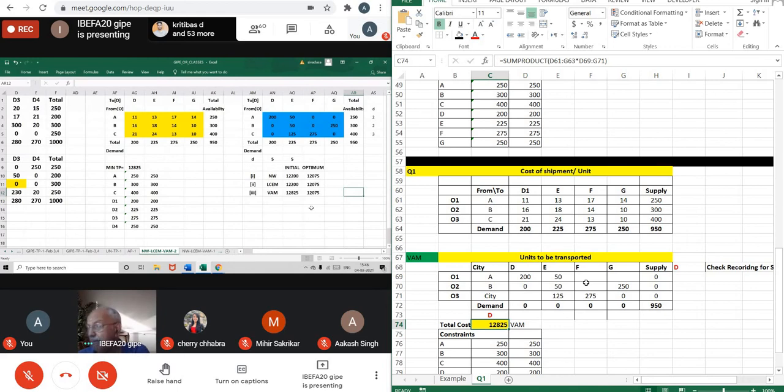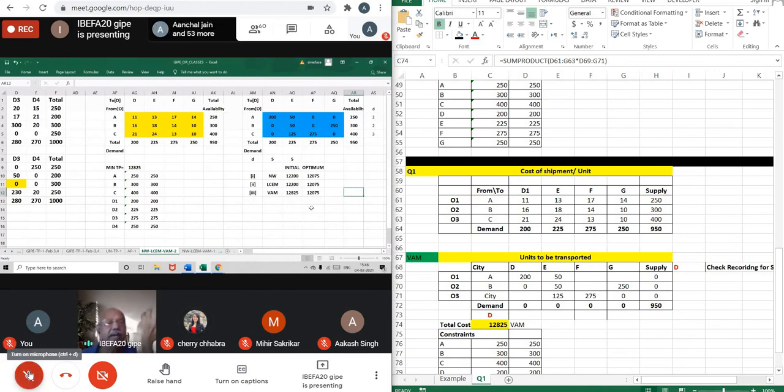Instead of cost of shipment being given, if the profit is given, then what is the change? Tell me. We would maximize profit. Correct.